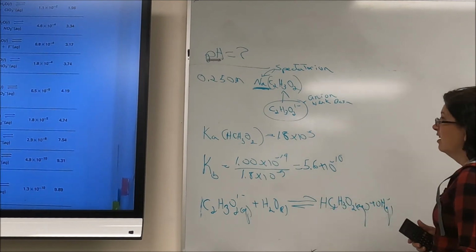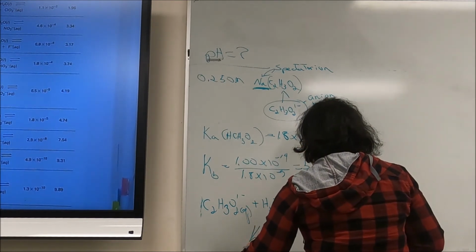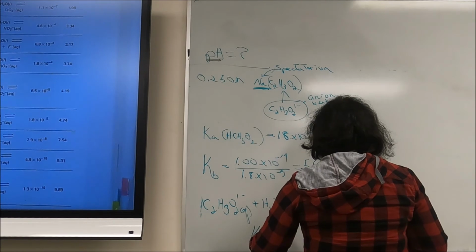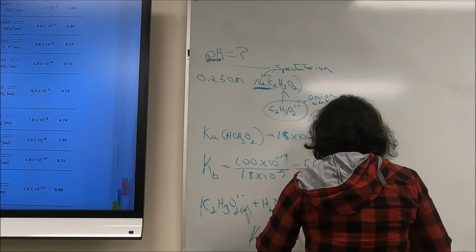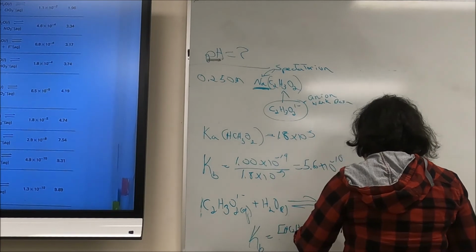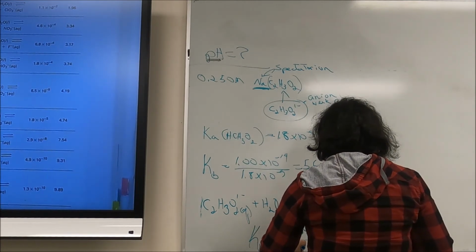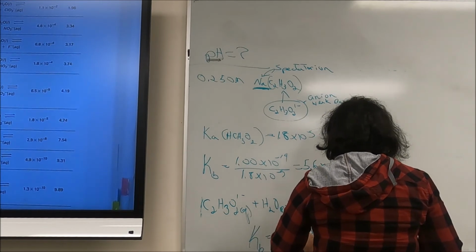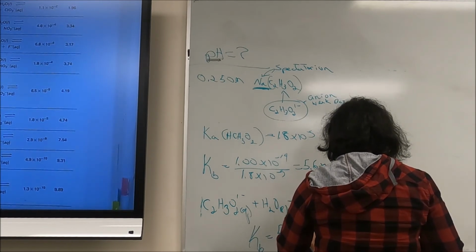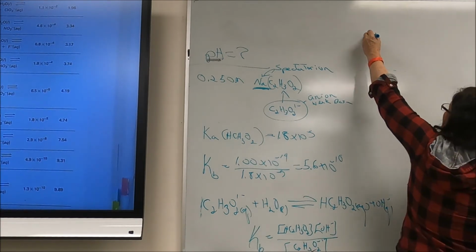That's acetic acid. Our Kb expression is going to be HC2H3O2 times hydroxide ion concentration all over C2H3O2 1 minus concentration, the acetate ion concentration. Now let's do our ICE chart.